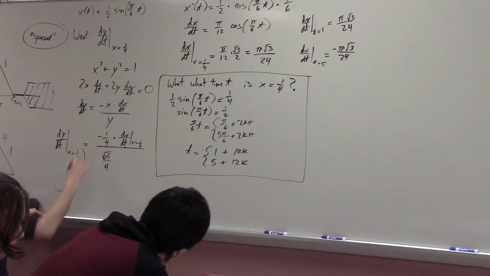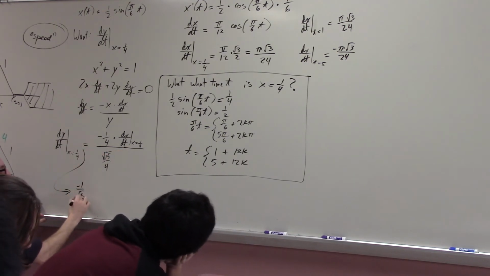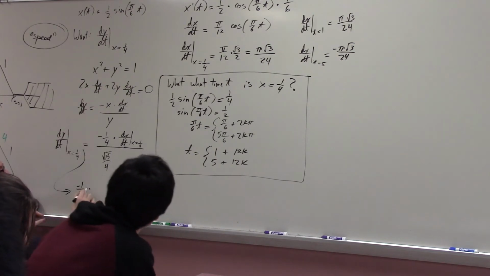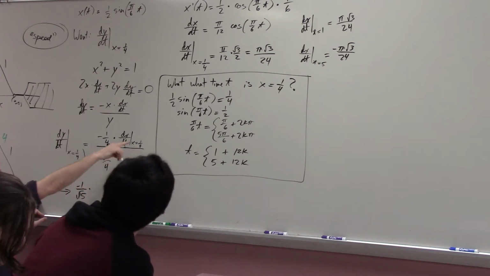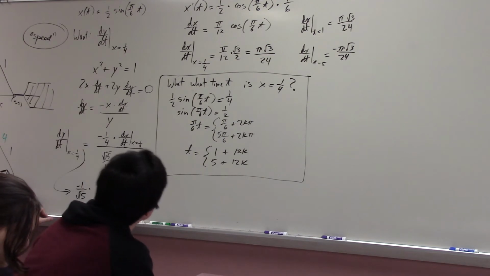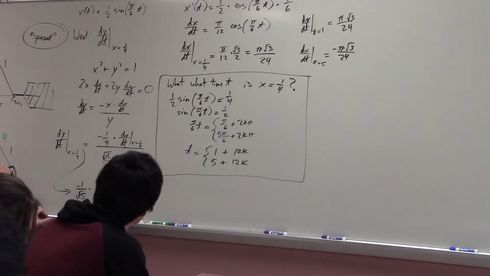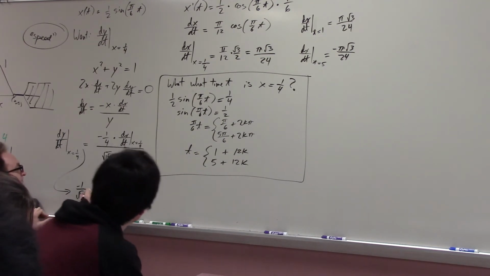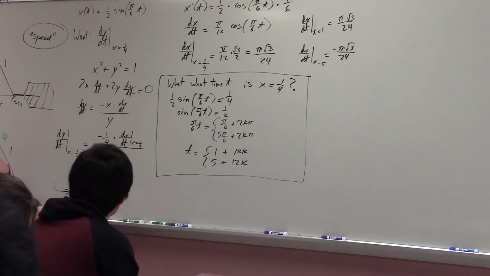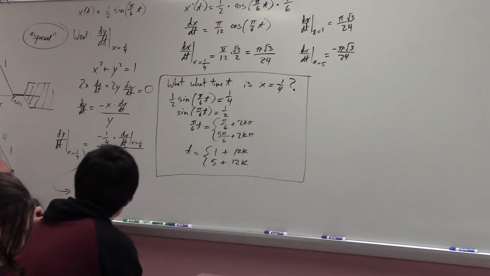All right, so now finally, plugging it back into this formula, I now know what that number is. The 4's cancel, so I get negative 1 over root 15 times the speed at x is 1/4, which is pi root 3 over 24. And now simplifying and ignoring the negative, you can take a root 3 out of the top and the bottom.